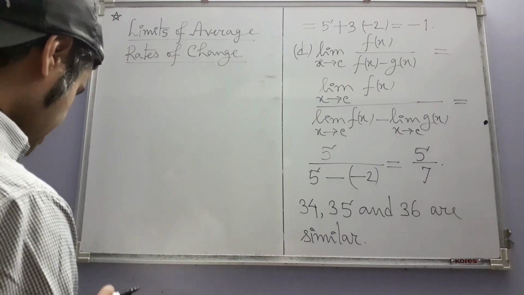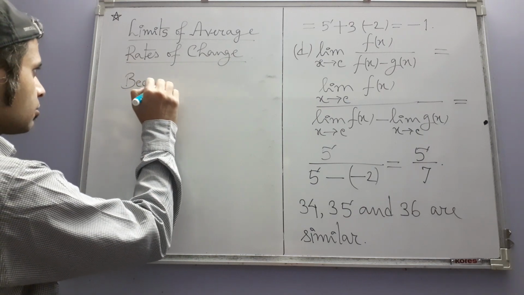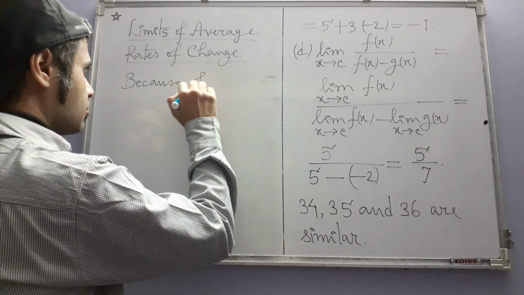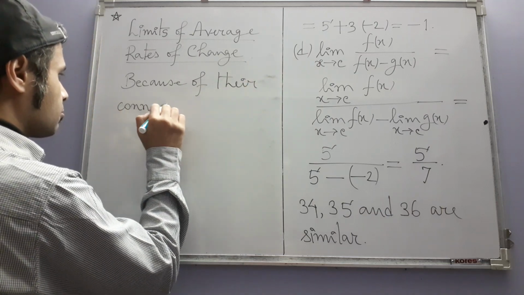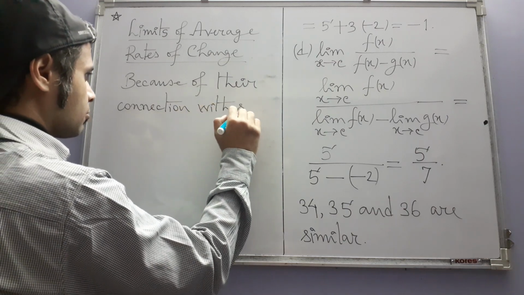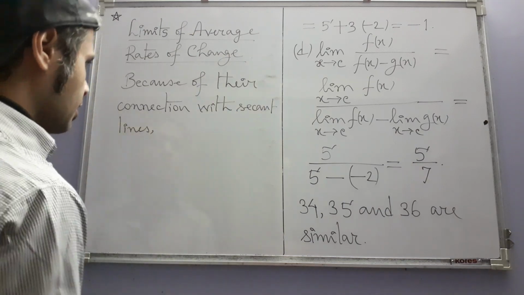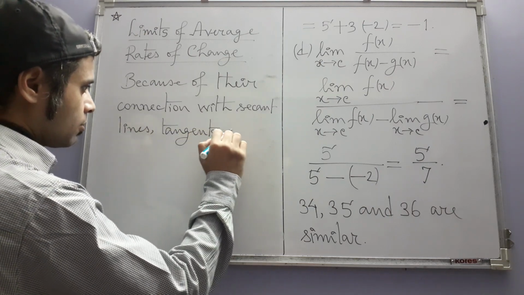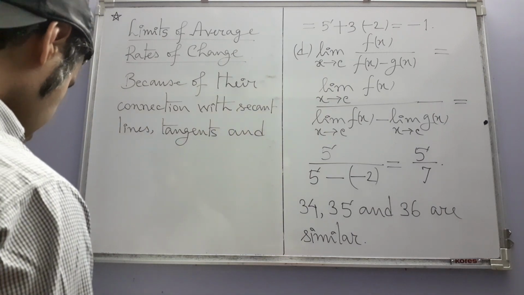So there are some things here. Let me just first write those things, because of their connection with secant lines. Secant lines, tangents, and average rates and instantaneous rates.